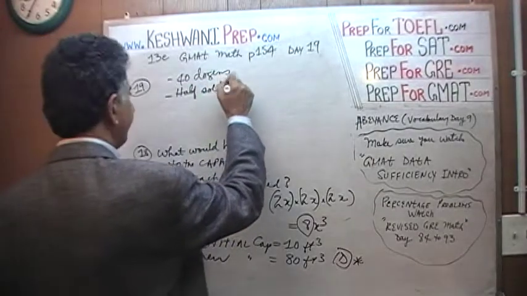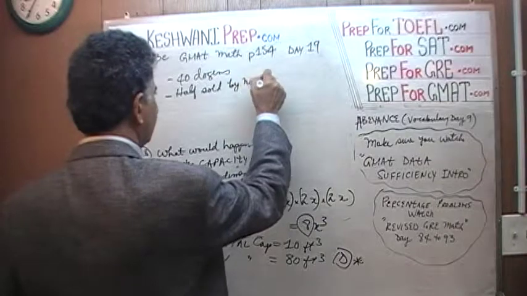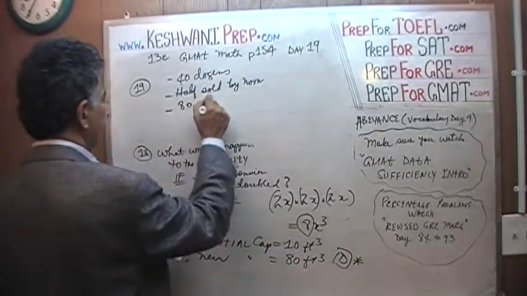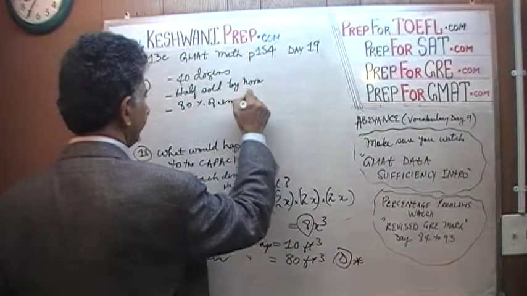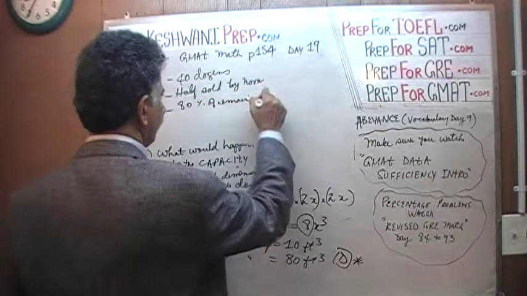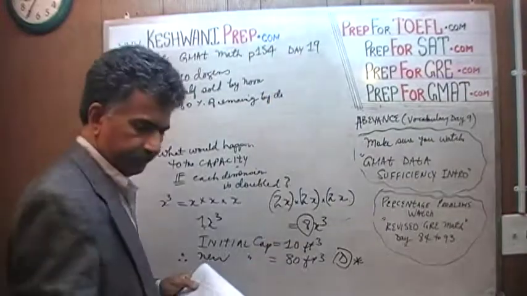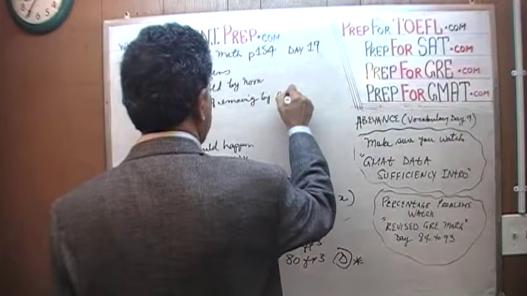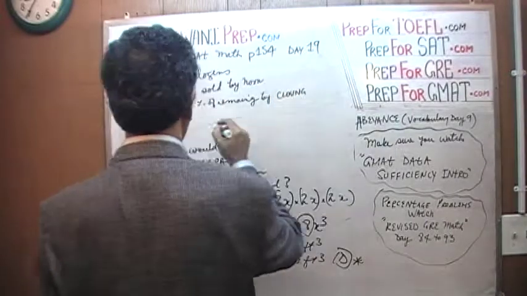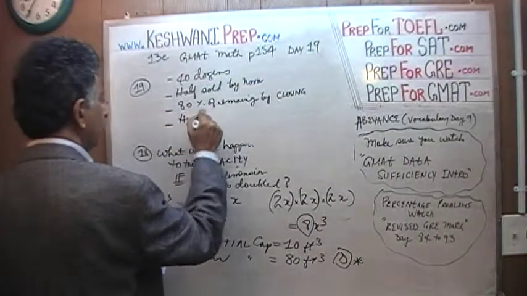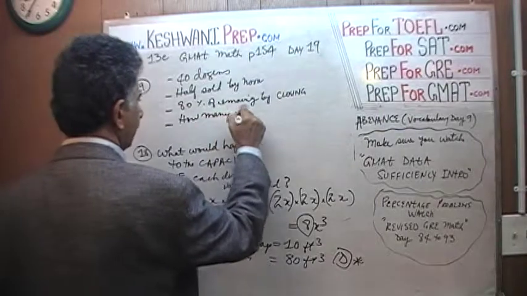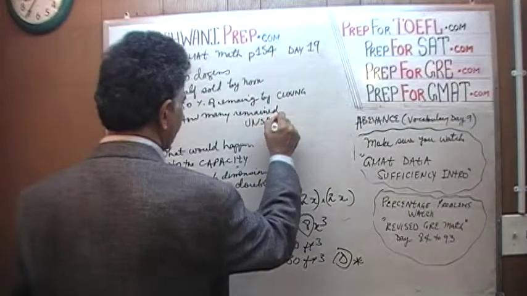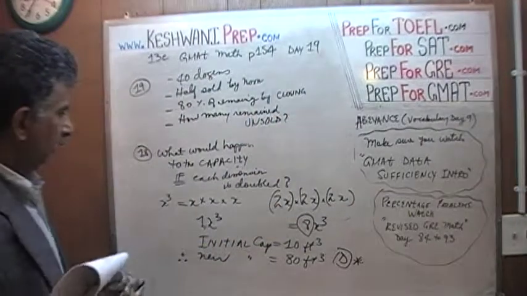He sells half of them by noon, and then 80% of the remaining by closing. Question is, how many remain unsold? That's all. I think we're done with this part.